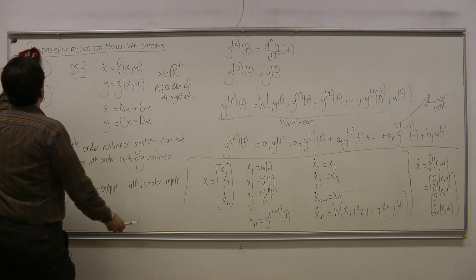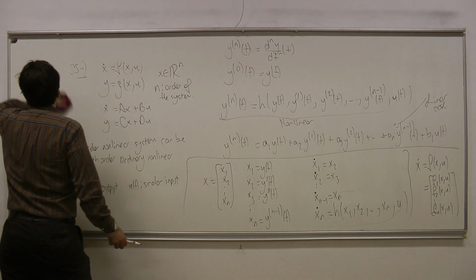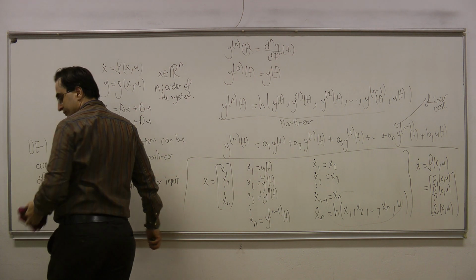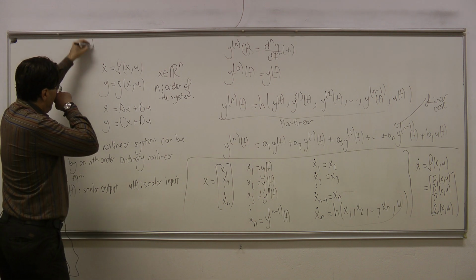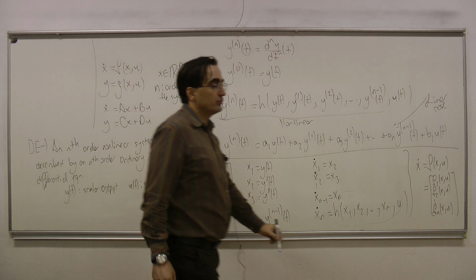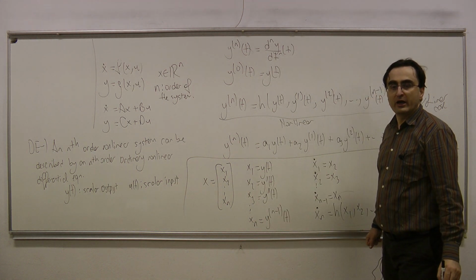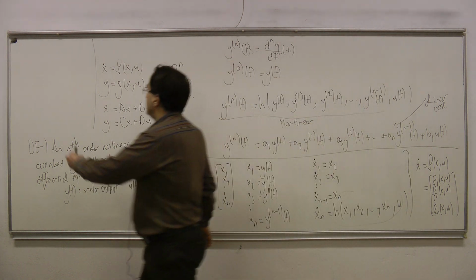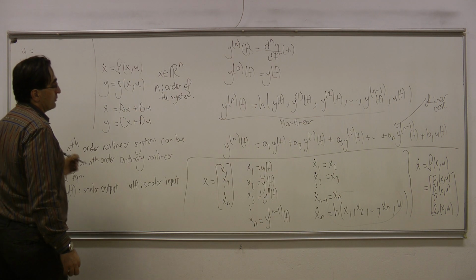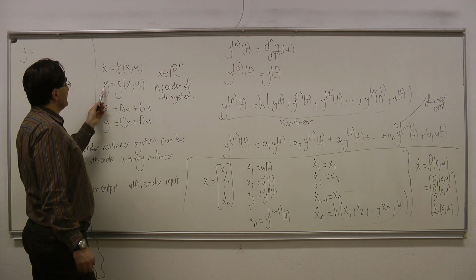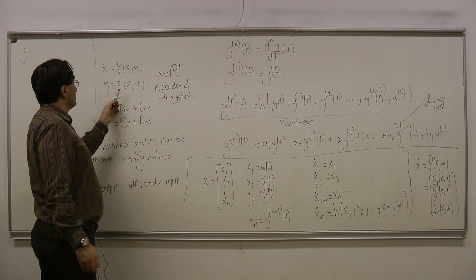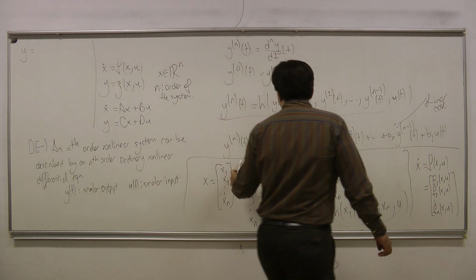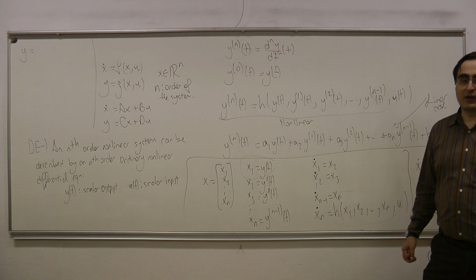So this is the state equation part of the conversion. What about the output equation? A state space representation also has the output equation. How can I obtain that? The output is y here, and in order to write it, I need to obtain the output as a function of x and u. Here you see that this output is nothing but the first state variable.